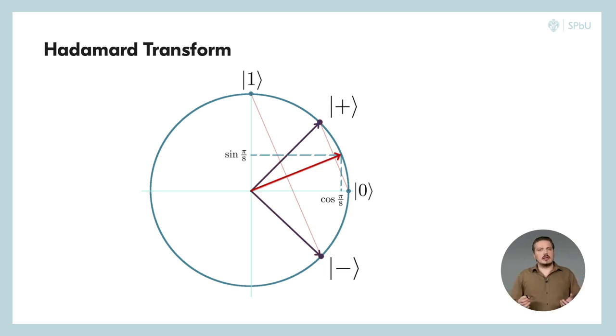And its eigenvalue is 1. And we are now experienced enough to expect that the second eigenvector is orthogonal to the first one. Let's choose this one with components sine pi divided by 8 and cosine pi divided by 8.